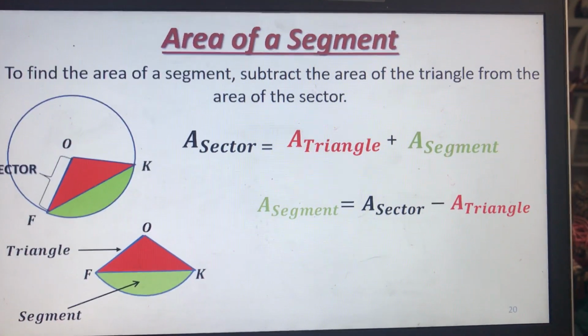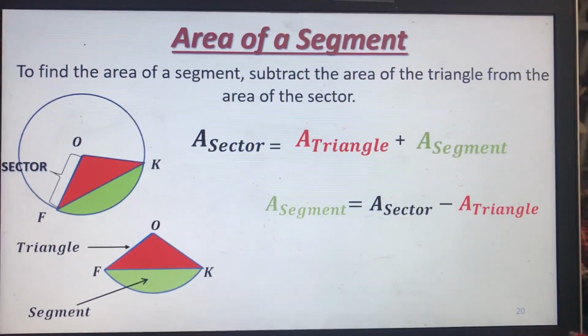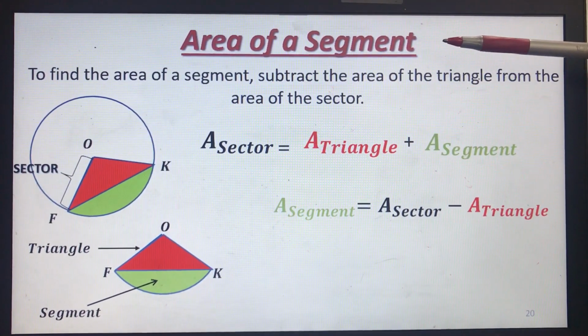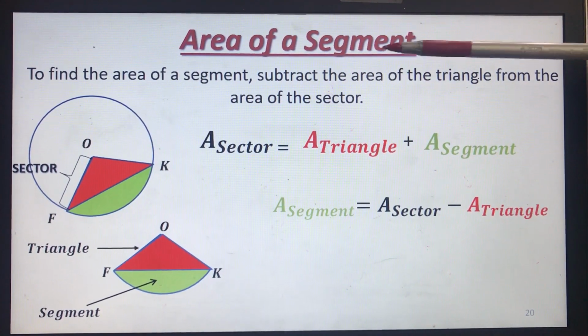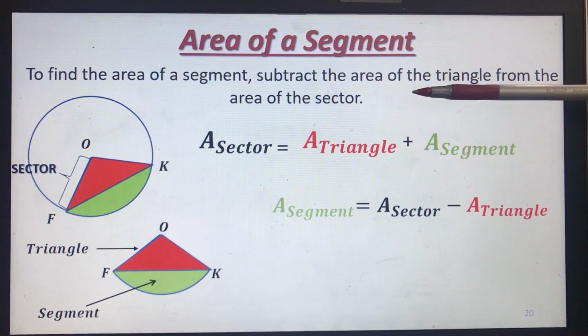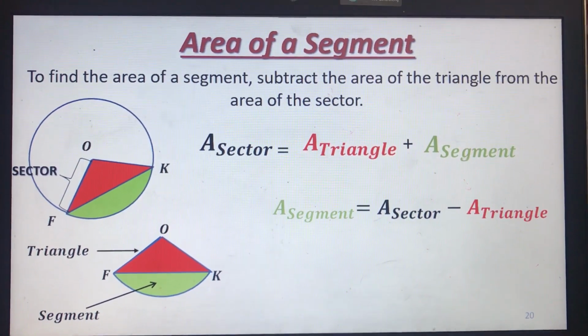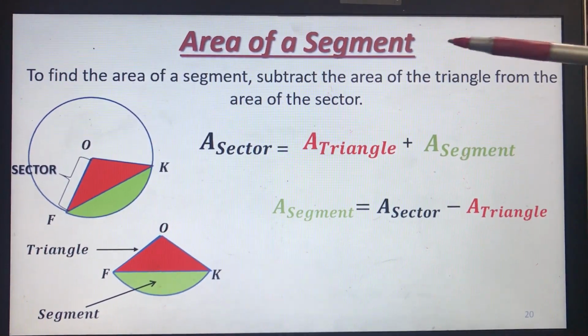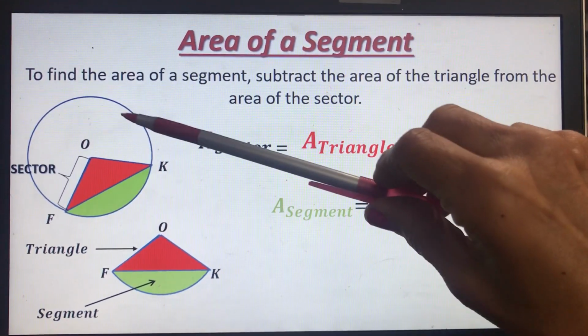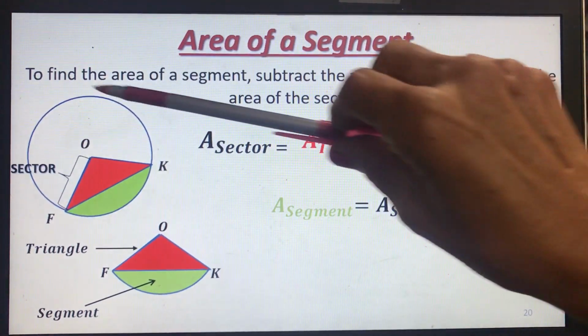Now we continue with the definition, in context again, of the area of a segment. To find the area of a segment, we simply subtract the area of the triangle from the area of the sector. But before we move on with this definition and its application, let's visualize what we have.